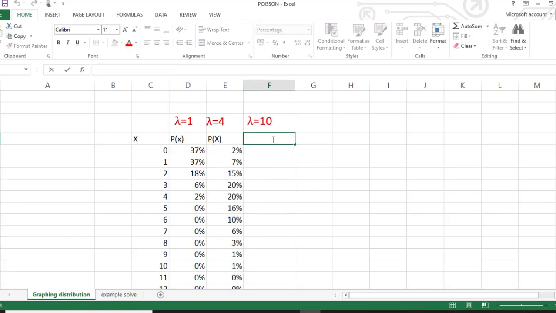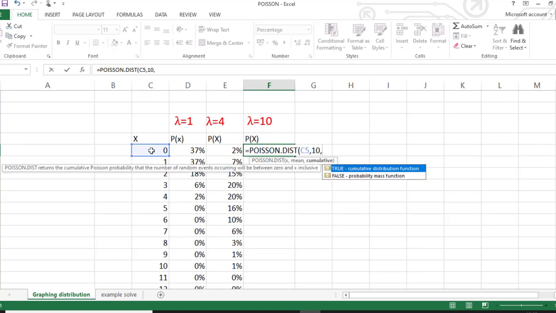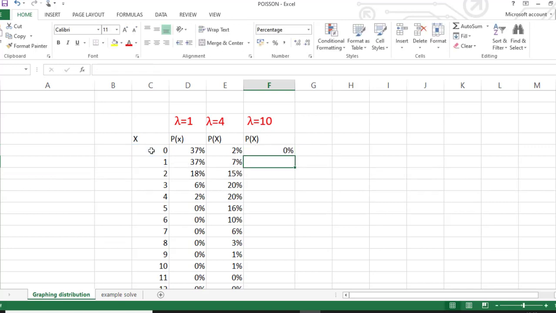Now in the same manner, let us calculate the probability when lambda is 10. Again using the same Excel command, I am just changing the value of mean. The mean would be 10 and the last command would be false.